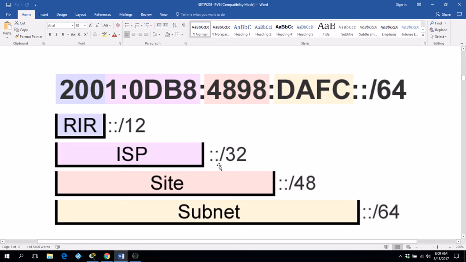And then Verizon, let's say, gives your site, your company, a number that will indicate who you are in that ISP. So the first 3 hexadecimal is going to indicate what part of the world you are in. That's the regional internet registry. It's going to say also who is your ISP and which company you are in. So that's automatically given to you, the first 3 hexadecimal.